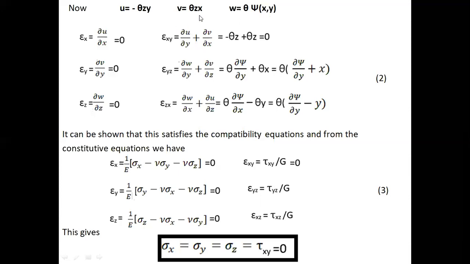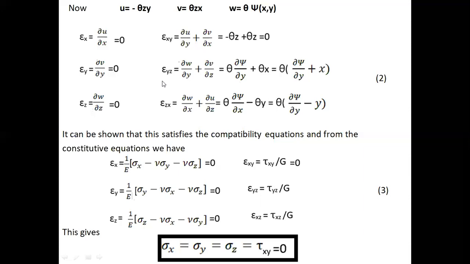Differentiating v with respect to z, we simply get theta x, and z goes out. So we take theta out, and within the bracket we have del psi by del y plus x. So this is epsilon yz, the strain component in the yz plane.